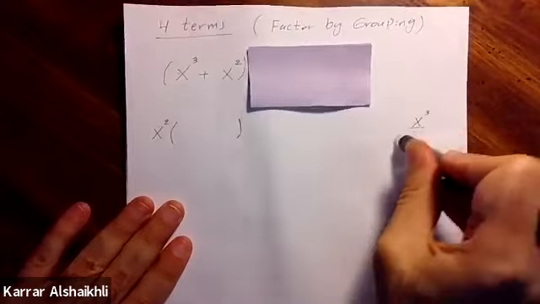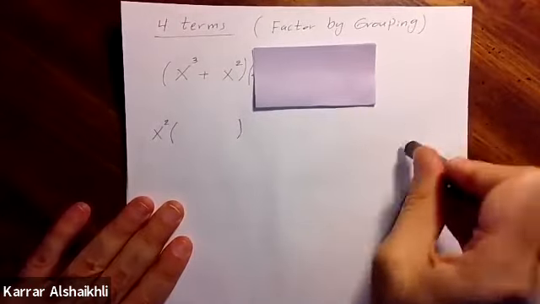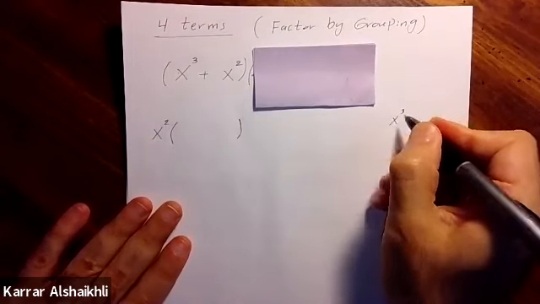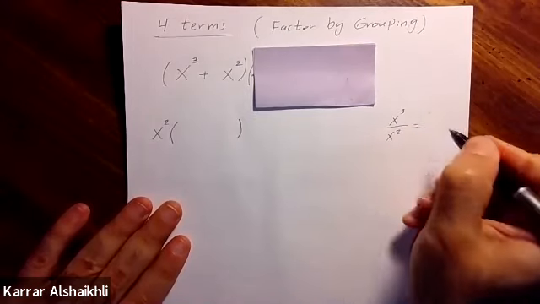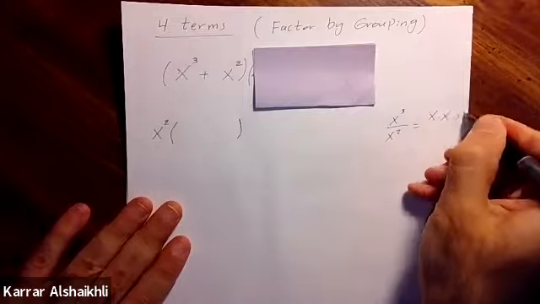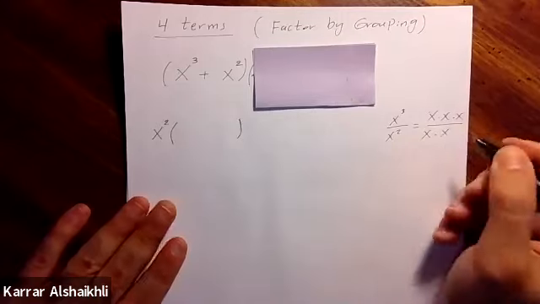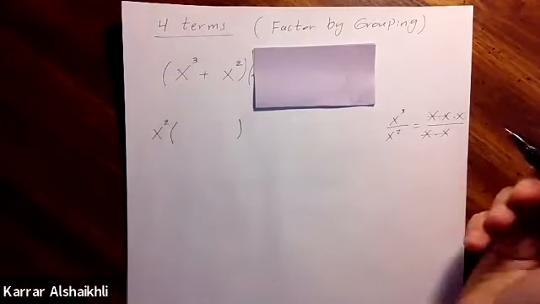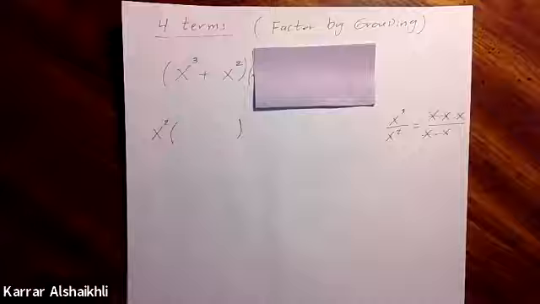Let's do it. X cubed and x squared. How many x's do you have on the top? 1, 2, 3. How many x's do you have on the bottom? 1, 2. Cancel 2 x's from here, 2 x's from here. What's the leftover? X. Here is x.